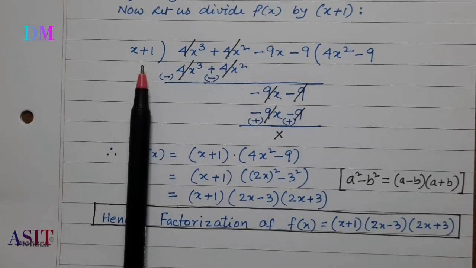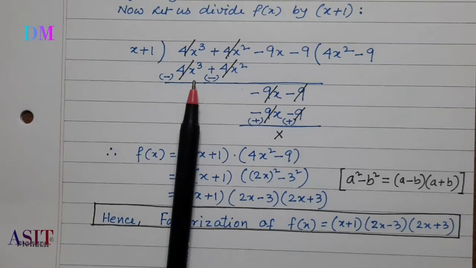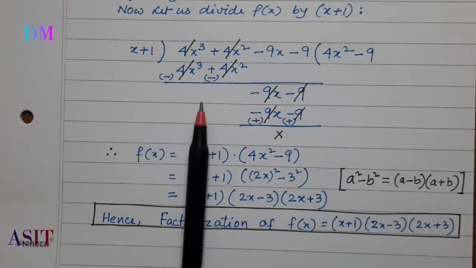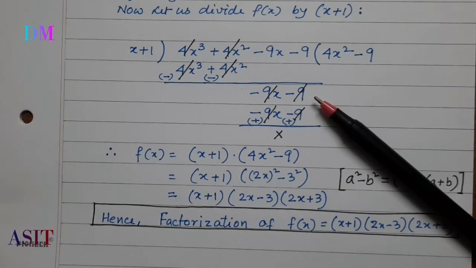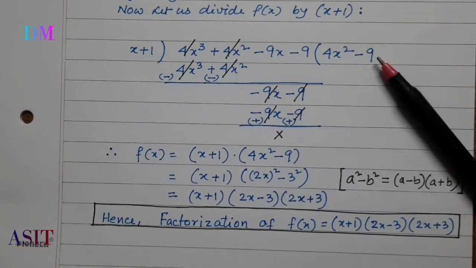By multiplying 4x squared with x plus 1, we get 4x cubed plus 4x squared. After subtraction, which leaves nothing, the remaining part of f(x) will come down, and which is minus 9x minus 9.